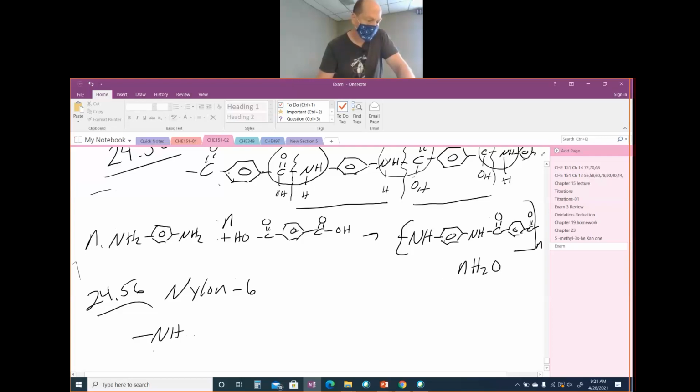Going to bond to usually a carbonyl. Then CH2 sub 5. All right, but not another N. This time it's the carbonyl. Then your NH, and then CH2 sub 5, and then a carbonyl.